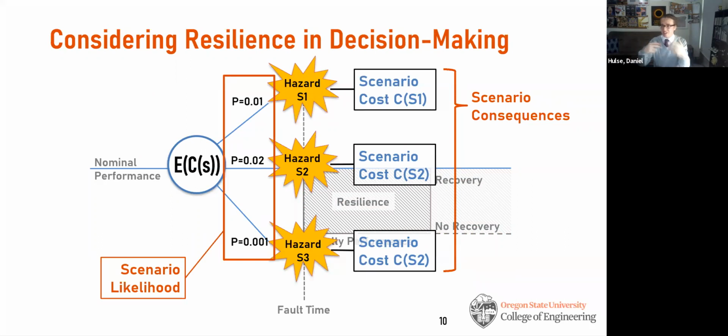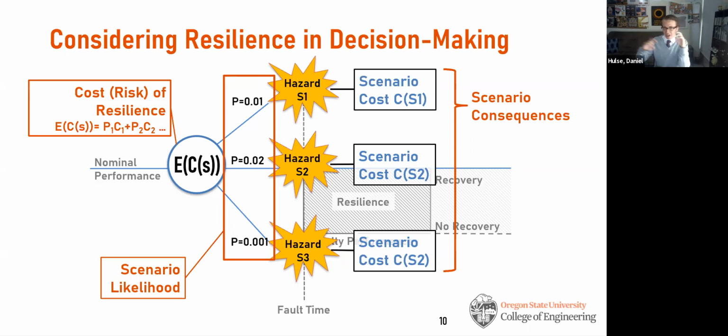And then each of those scenarios, just based off of how likely they are, get different probabilities also. And then we can define this overall cost of resilience as being the expectation of the scenario cost, which is like a weighted sum of probability times cost, which is the same as that definition of risk that I put forward a couple slides ago.